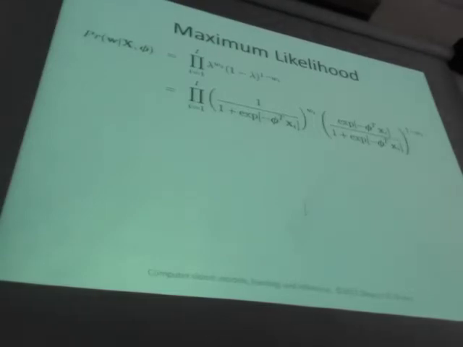So we had a joint probability here on W and phi. We could equivalently write two equations, and we know that they're both equal to each other.